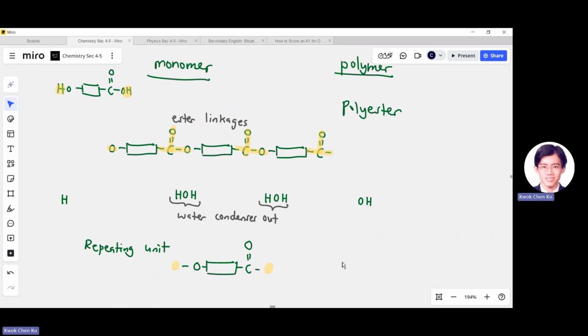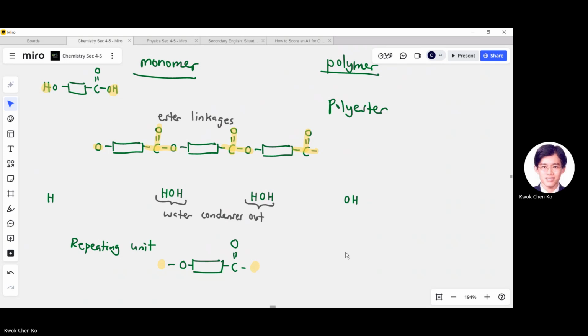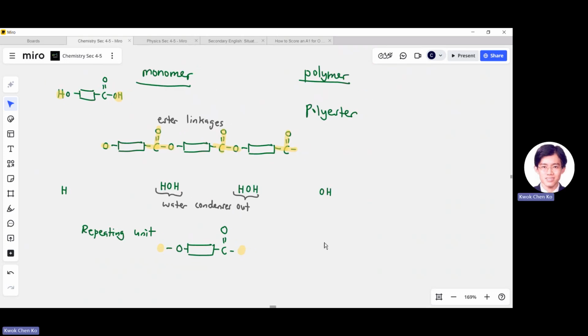Okay, next. How to draw the polymers? You're not going to draw 1,000 of them. There's no way you want to do that. So the polymer is based on the repeating unit.